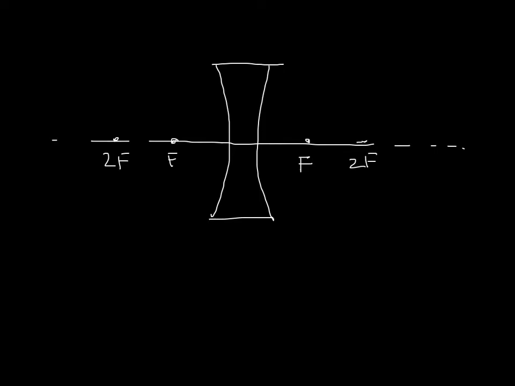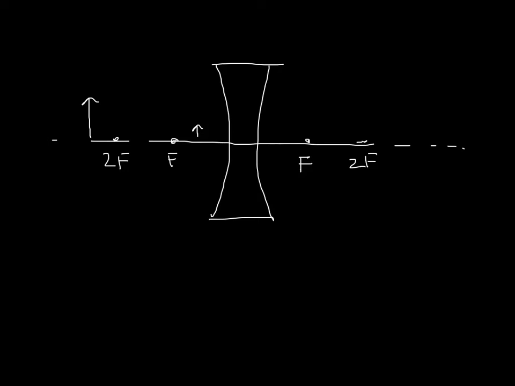So if I have an object over here, outside of the second focal point, the image will have to occur inside the first focal point. And the reasoning for that is that we have to draw our ray diagrams with a similar method.